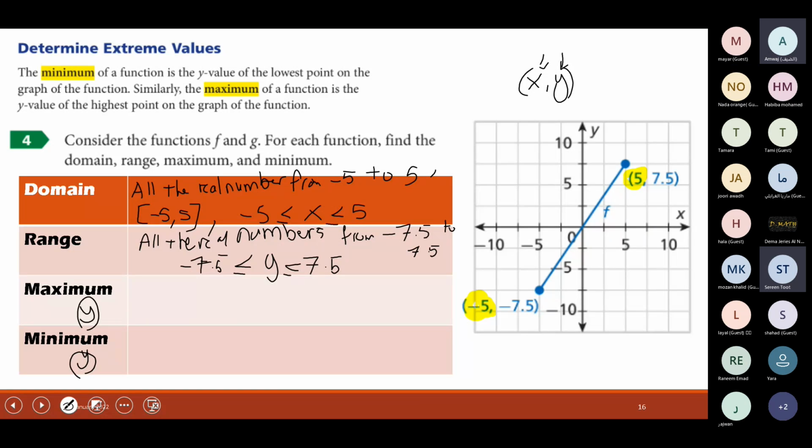Serene, can you tell me what is the maximum value of y? The maximum is 7.5. Bravo. So you will say the maximum of f of x is 7.5. Thank you, Serene.